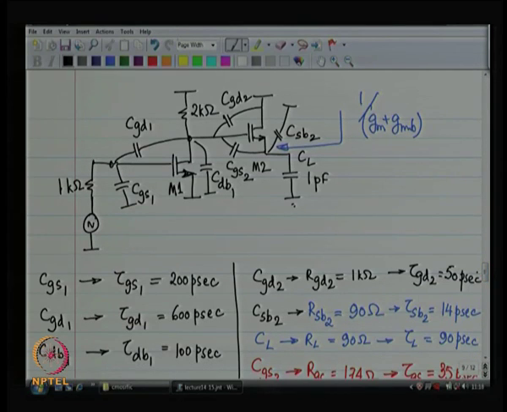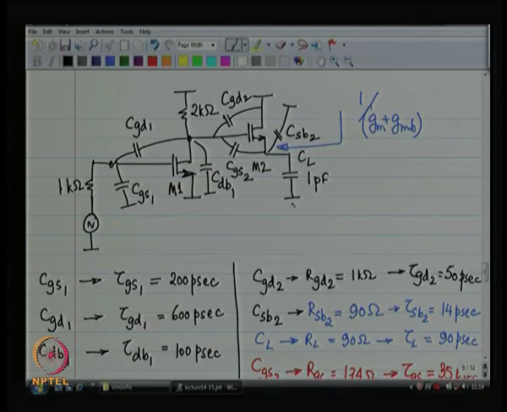So, this was the reasoning, and my second cut design had a buffer. This was my second cut design. I put a buffer over there, basically to reduce the impedance seen, to reduce the resistance seen by the 1 picofarad load capacitor.